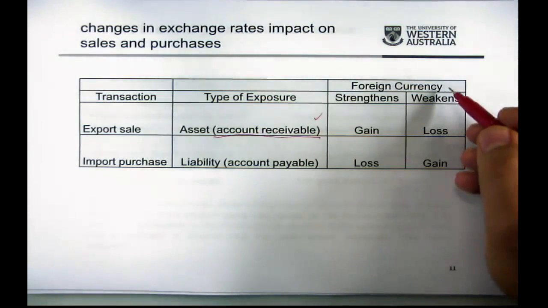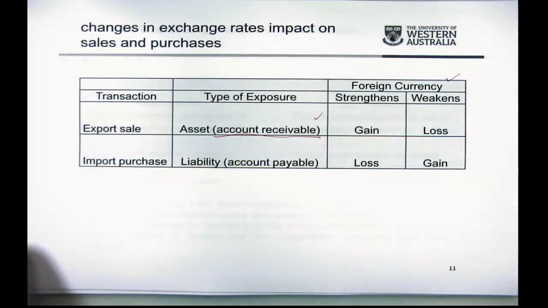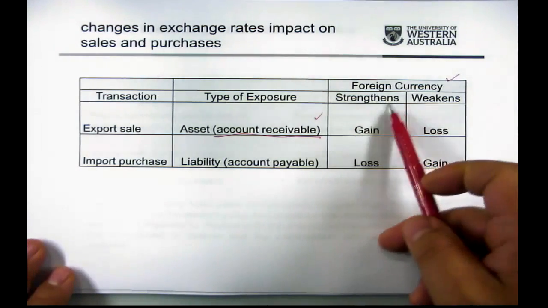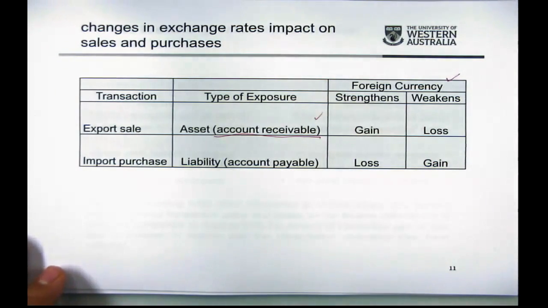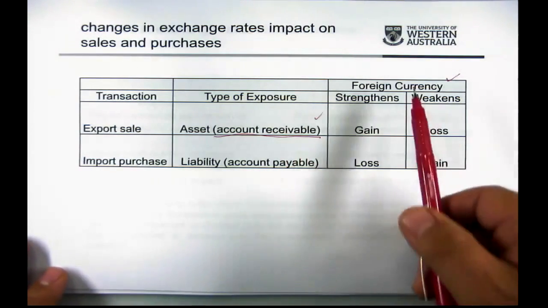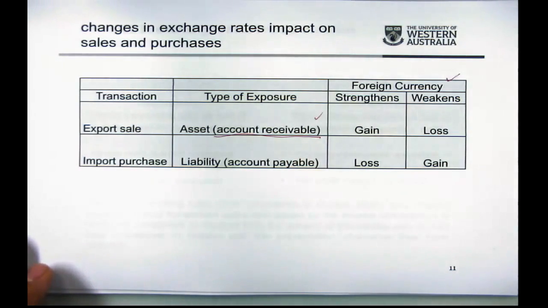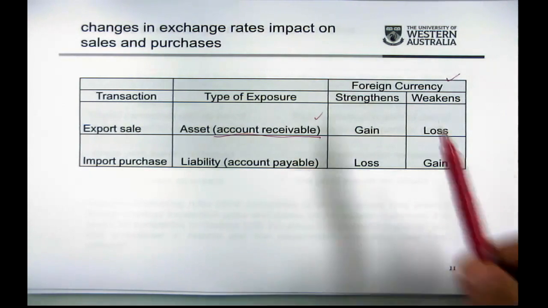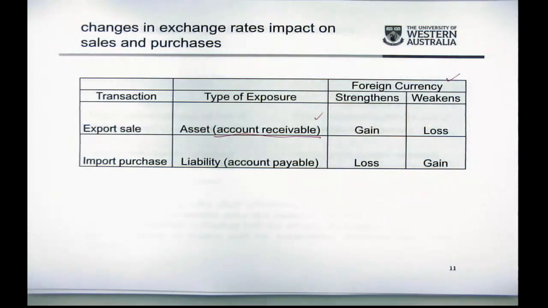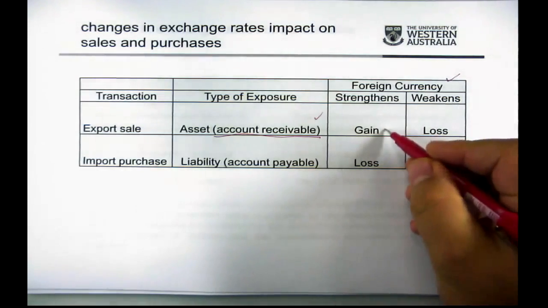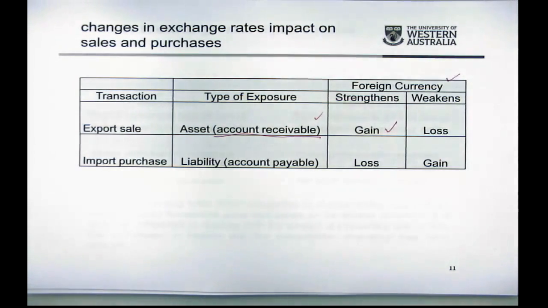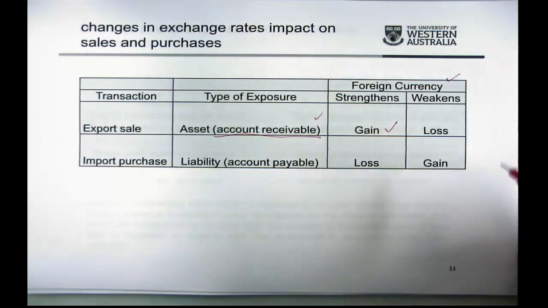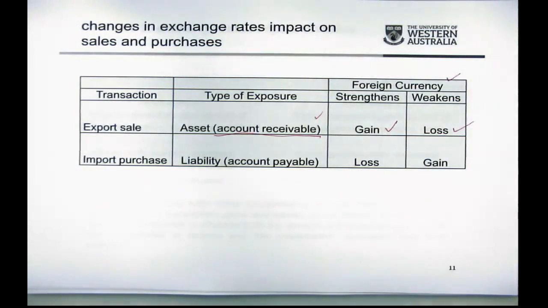If the foreign currency strengthens relative to your local currency, assuming that the transaction is made in the foreign currency, assuming that you export, for example, in Japanese yens, you are expecting to receive Japanese yens. In this case, you gain money. And if the foreign currency weakens, in this case, you lose money.